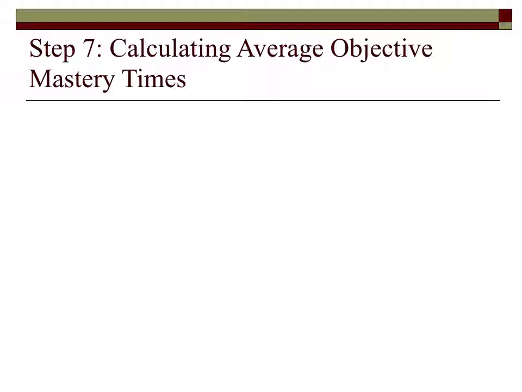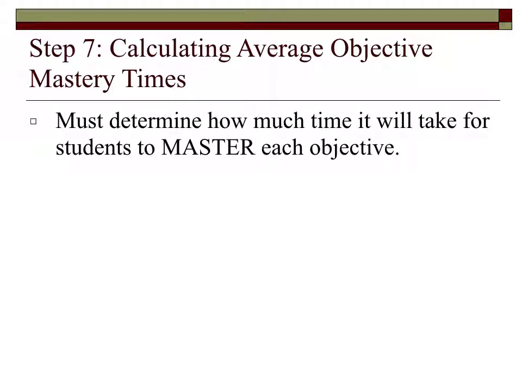Step 7 is a little bit more involved. Hopefully I can help you through calculating average objective mastery times. Here we must determine how much time it will take for your students to master each objective.